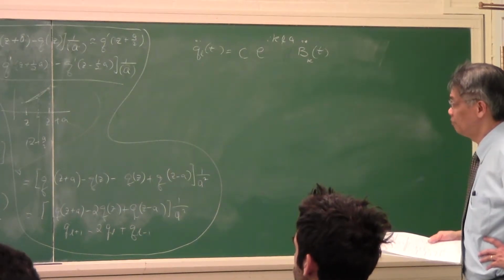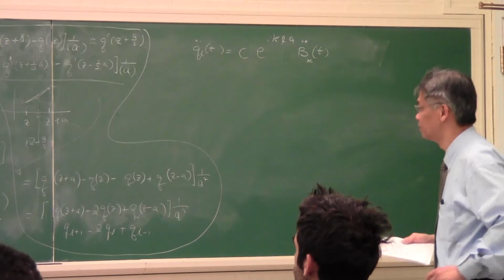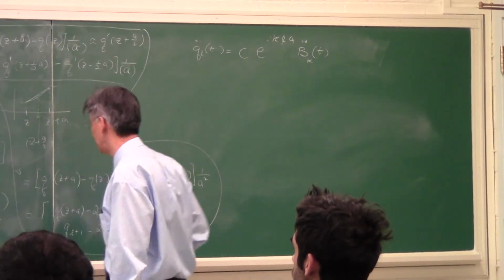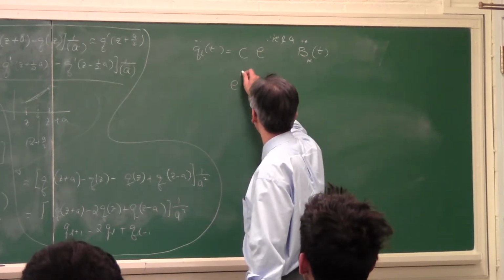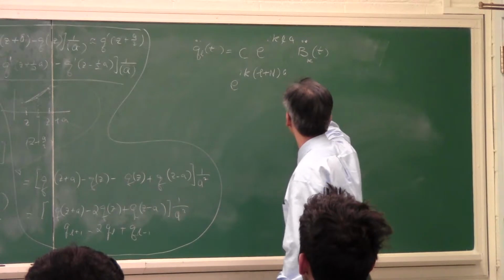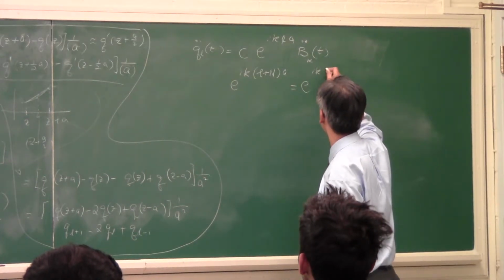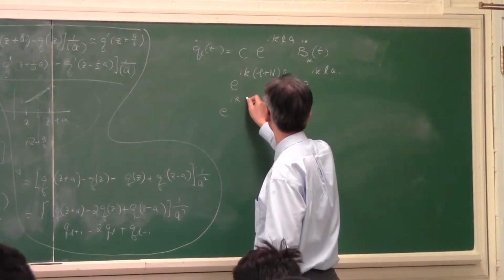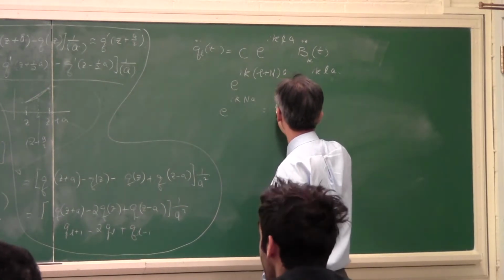Okay, and then if you impose the periodic boundary condition, k has to be discretized, because we want e to the i k (l plus n) a to be equal to e to the i k l a, which means that we want e to the i k n a to be equal to 1.